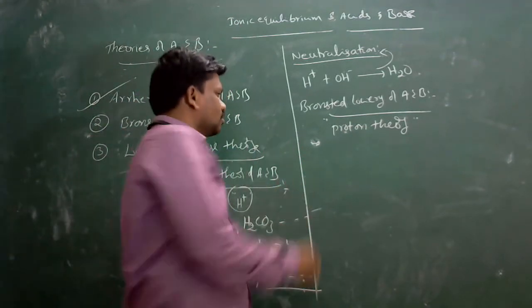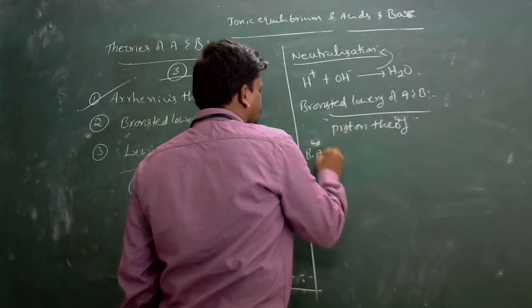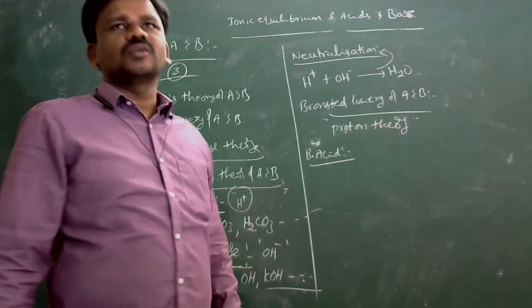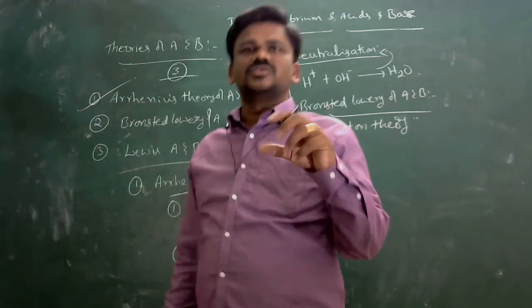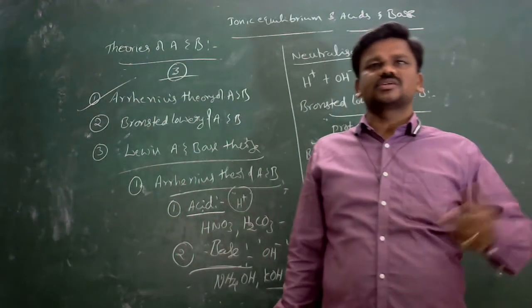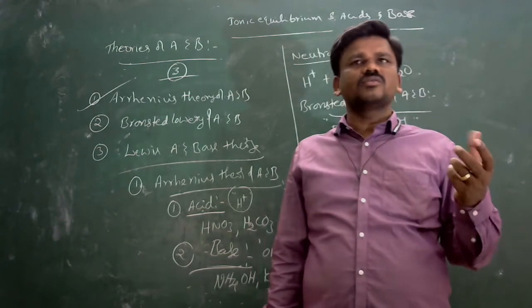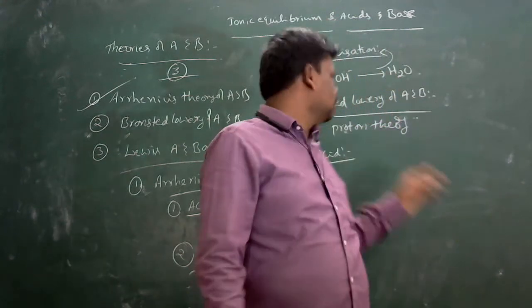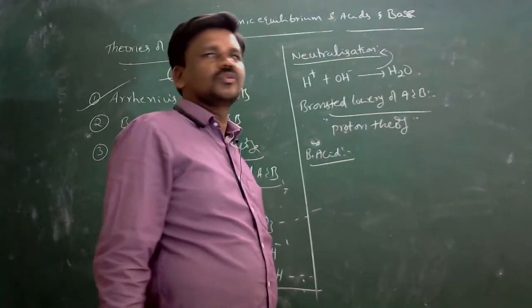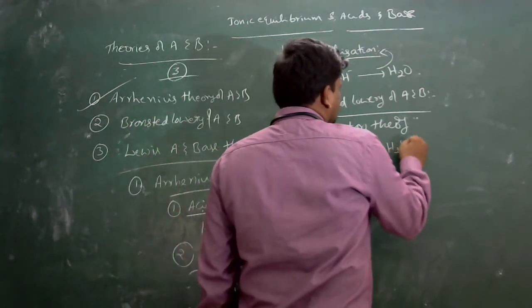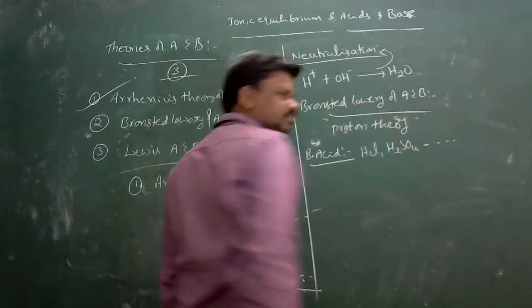Here, first one, Bronsted acid: the substance which donates a proton to another substance is called a Bronsted acid. For example, HCl, H2SO4 and so on.